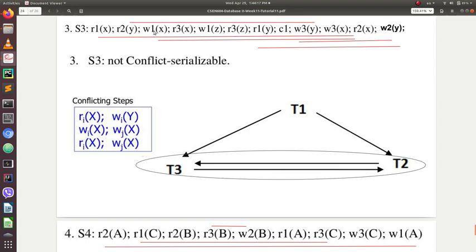Write operation. Transaction 1 writes the element x. Okay, and I can easily find that transaction 3 writes the same element x. So I will draw an edge going from T1 to T3. Okay, the same edge.